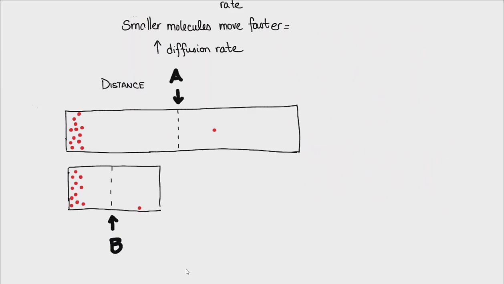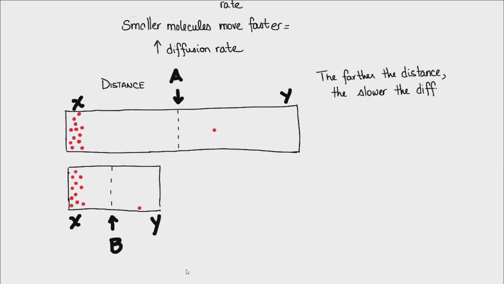So if I have a compartment here, and we'll just call this X, and a compartment here that we call Y, it's going to take a long time for those molecules to get from X to Y. If I want to get them to Y faster, I need to bring X and Y closer together. In this course, we are going to see some real applications of this, especially when we get into the lungs and we look at gas exchange between the lung airspace and the blood.